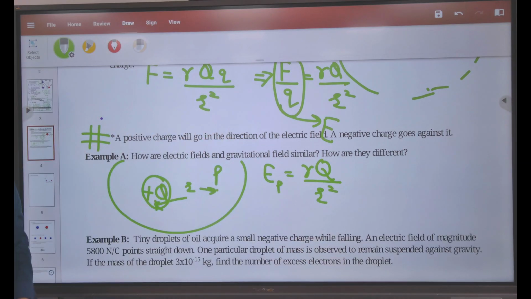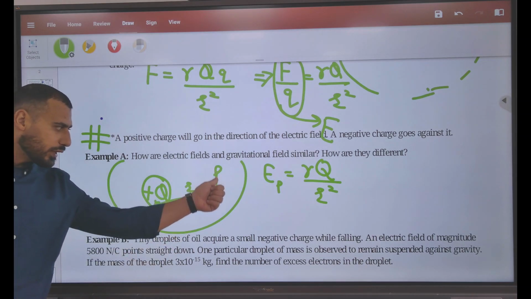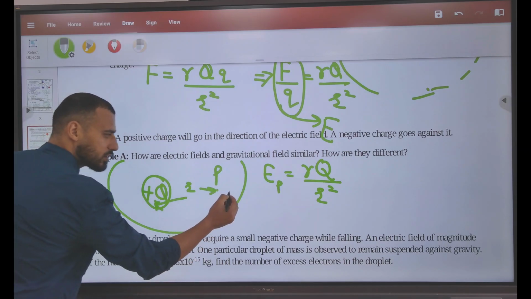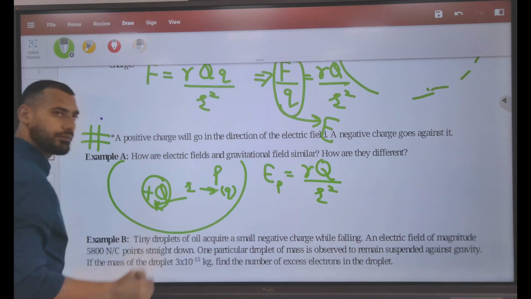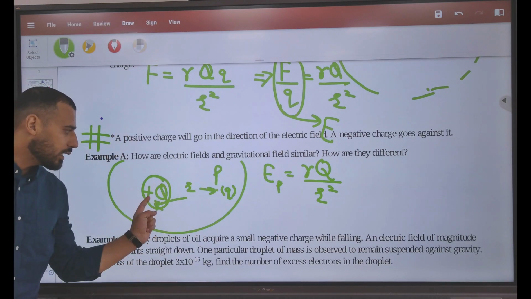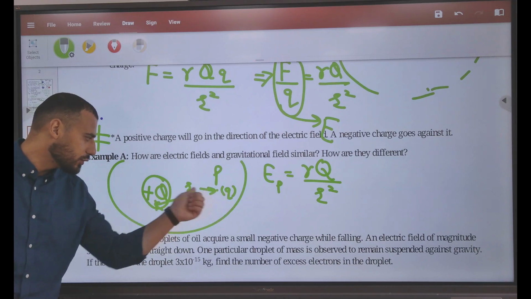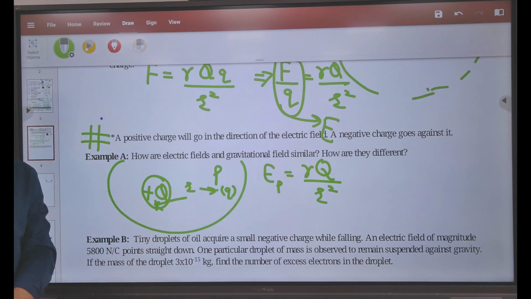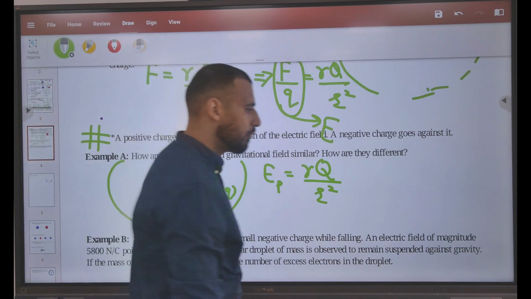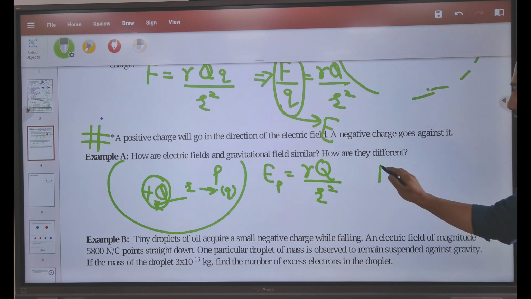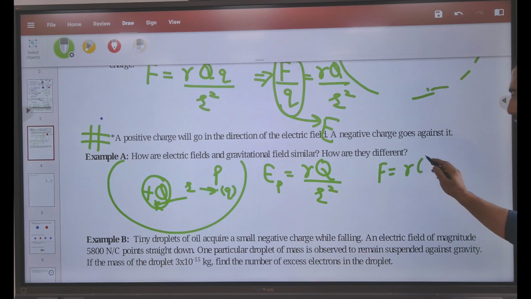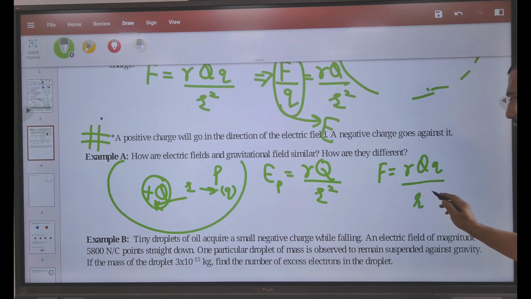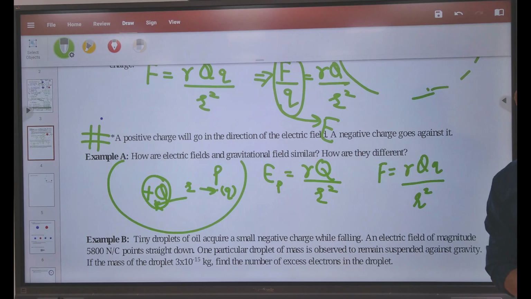Yes. At the same time, if I keep a small charge at point P, will there be the electrostatic force between small q and capital Q? Yes or no? Yes. Why? Because it is inside the field, isn't it? What will be the value of the force? Gamma Q upon R square, isn't it? Yes or no?